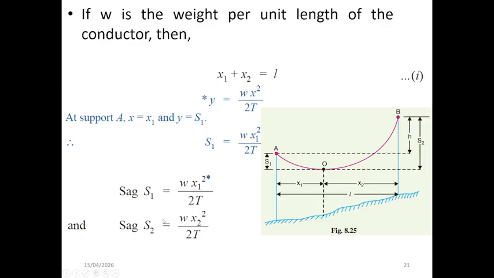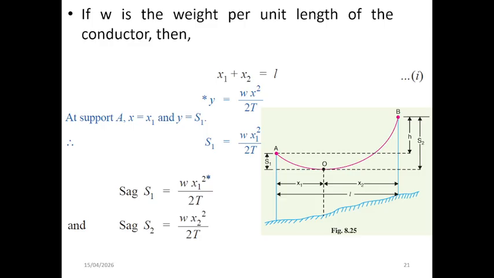These two expressions clearly show that the sag at each support depends on the square of its horizontal distance from the lowest point, x1 and x2, leading to different sag values due to the asymmetrical configuration.